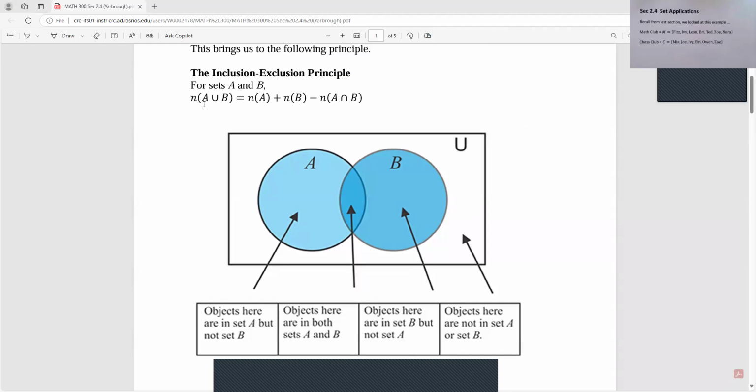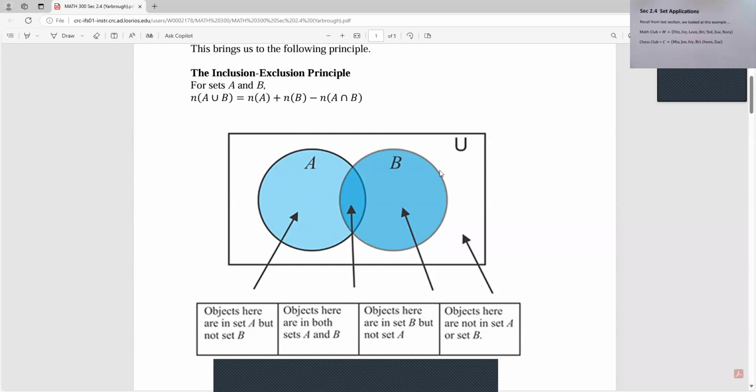So when we talk about this formula, the number of elements in the union is just all of this blue stuff. All the blue stuff that we're looking at in here, that's the union of A and B. You just put A and B together. When we're looking at the number of elements in the union, we can take the number of elements in A, which would be this entire A circle, plus the number of elements in B, which would be this entire B circle.